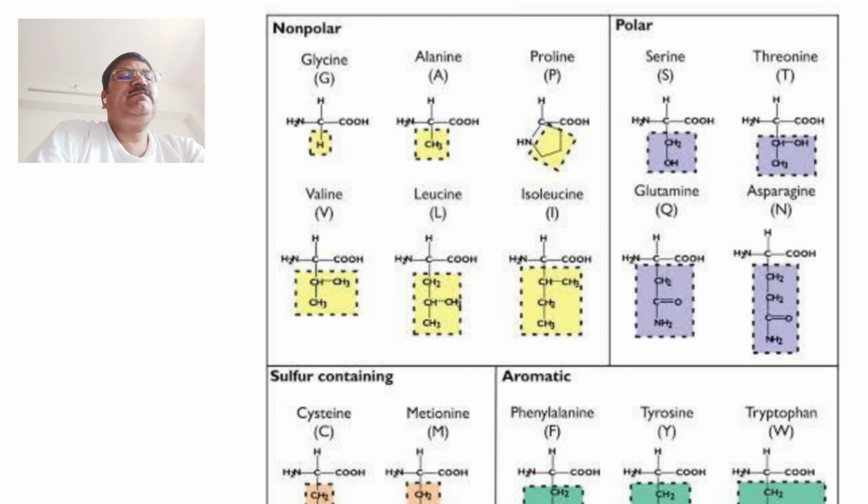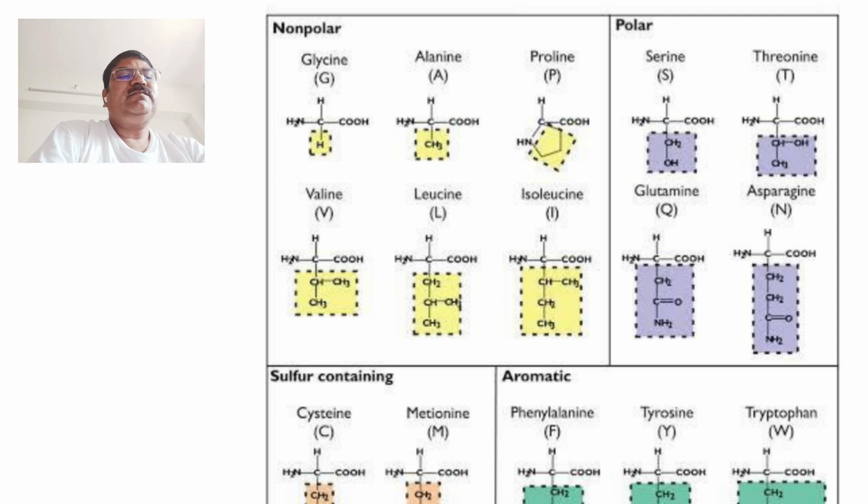In threonine, denoted by T, ethanol is the R group, while in glutamine, Q, the R group is the acetamide group, while in asparagine, N, another amide group is attached, which is polar. So these are the four polar types of alpha amino acid.